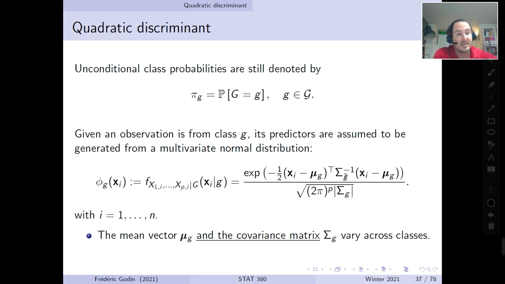So the various classes have different covariance matrices to generate their observations. Okay, so the difference is here for QDA. QDA stands for quadratic discriminant analysis. So for QDA, it's both the mean vector and the covariance matrix in the distribution of the x's which vary across classes.